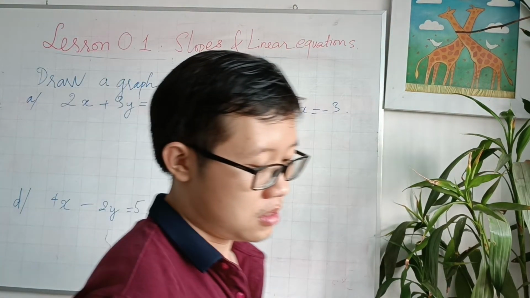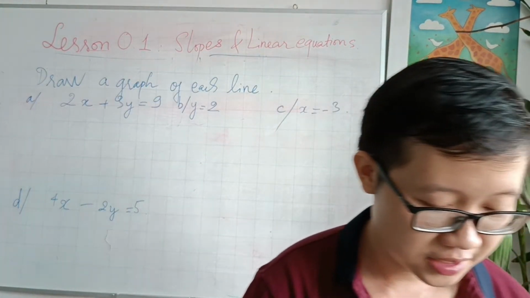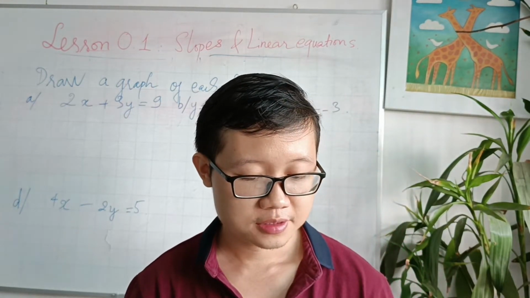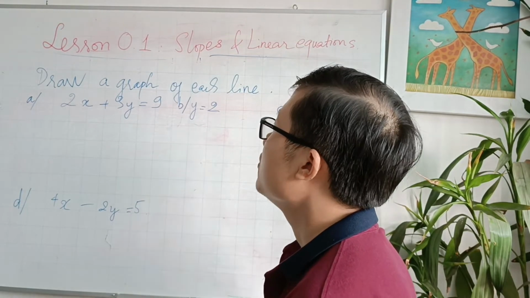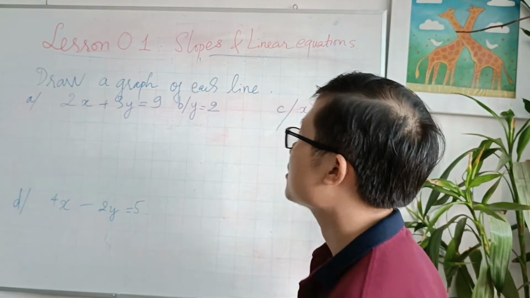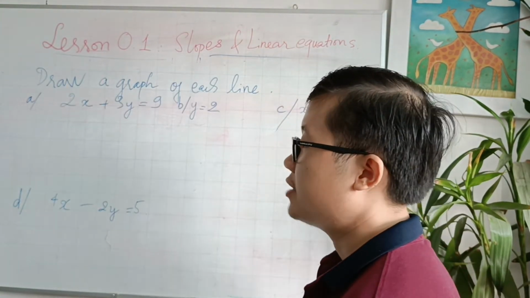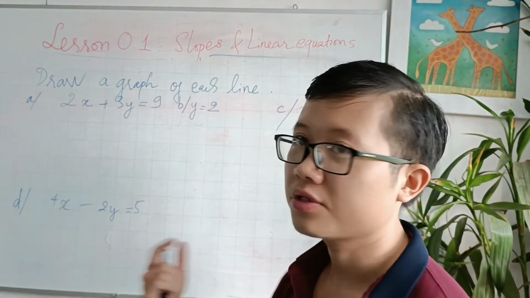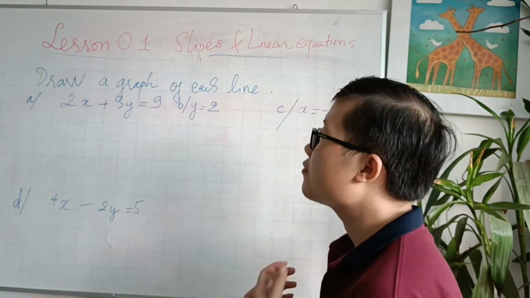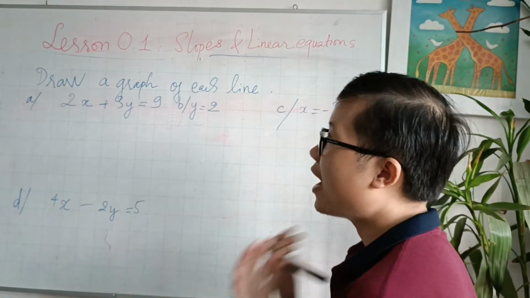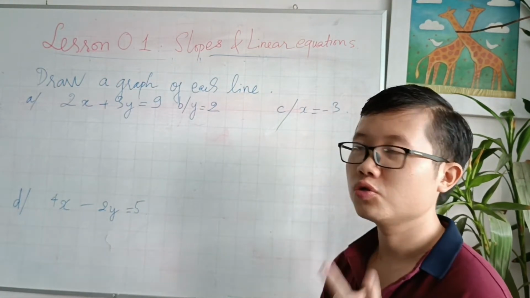Okay, we have 4 questions here, and we solve them together. When you have a question to draw the graph of each line, in geometry, I think you studied in primary school that a line is defined by 2 points.